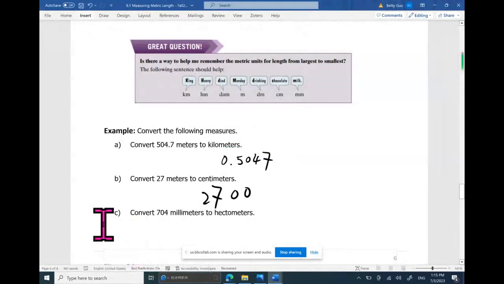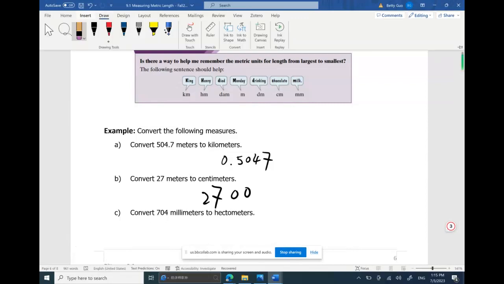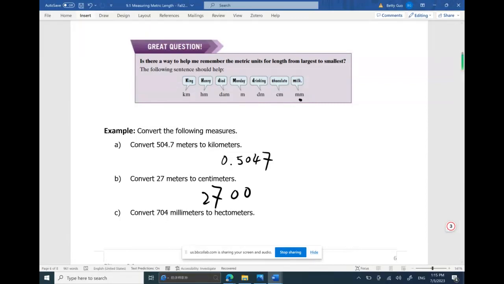We're converting from millimeters to hectometers. Let's use the same method. Millimeter is the smallest metric unit right here. Where's hectometer? It's right here, the second one. So from millimeter to hectometer, we go 5 times to the left.